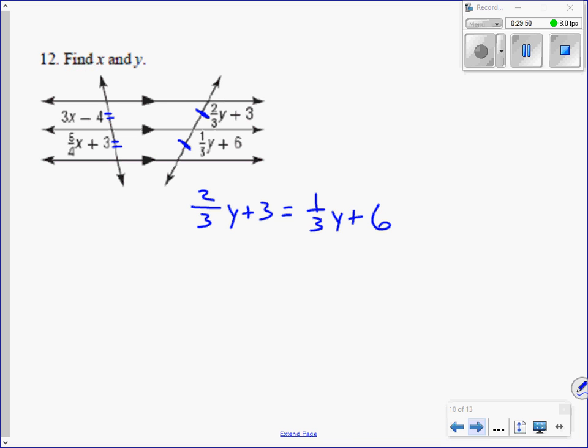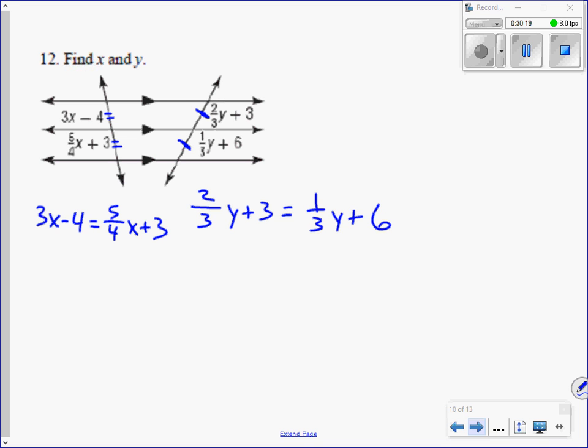So that means those, if they're parallel, then they're the same distance apart all the time. And that means not only are these two the same distance apart all the time, but these two are the same distance apart as these two. So we have the same situation over here. The 3x minus 4 is equal to the 5 fourths x plus 3.